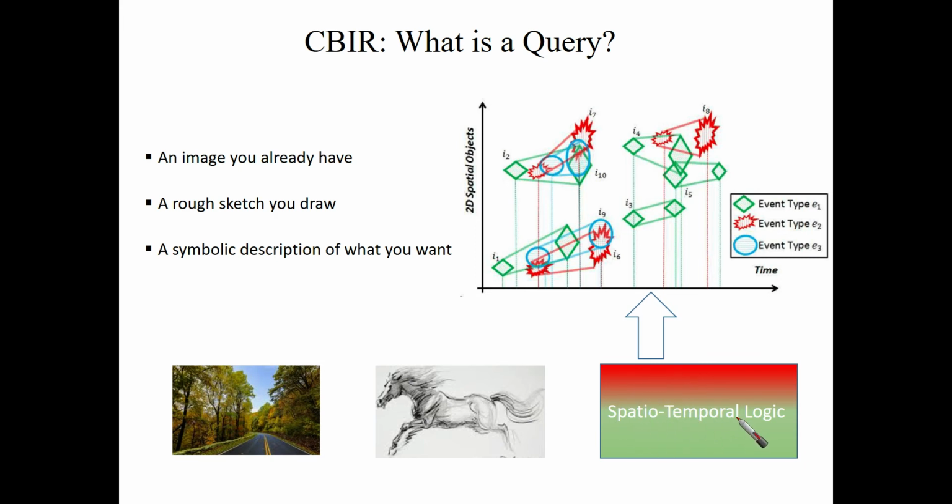For example, spatio-temporal logics. So what is a spatio-temporal logic? Temporal logic relates to some sort of time. For example, we may say, I am hungry. Now, I am hungry is in reference to time. This might be true or this might be false depending on the time. Sometimes I'm hungry, sometimes I'm not hungry. So depending on the time, this logic might be true or false.